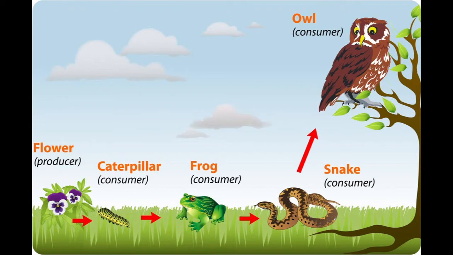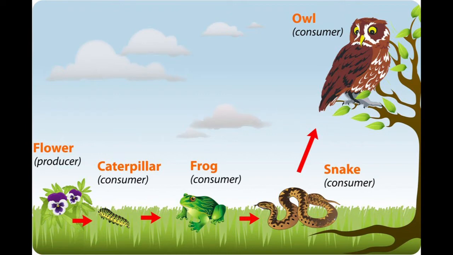And then this caterpillar is eaten by a secondary consumer, our frog, which is an omnivore that eats both insects and plants, followed by a snake, which is another consumer that eats animals, which is technically called a carnivore, and followed by our last consumer, which is an owl, which eats the snake. And this cycle could go on and on and on.